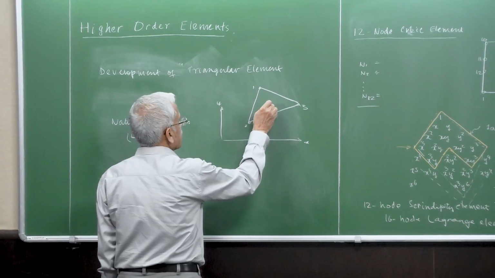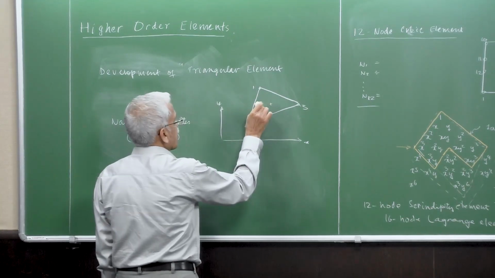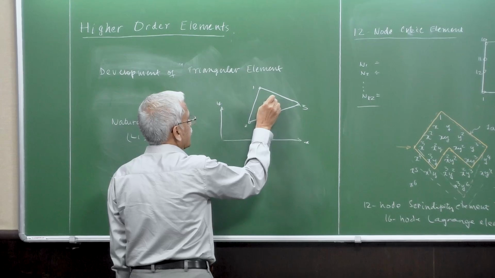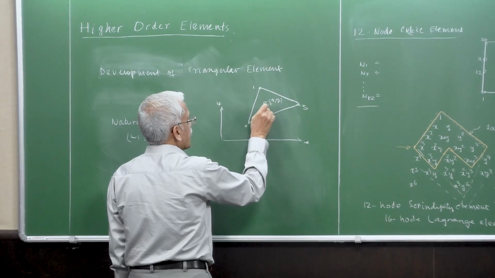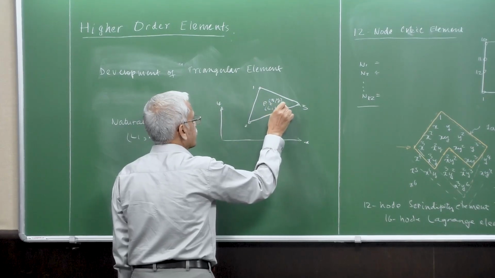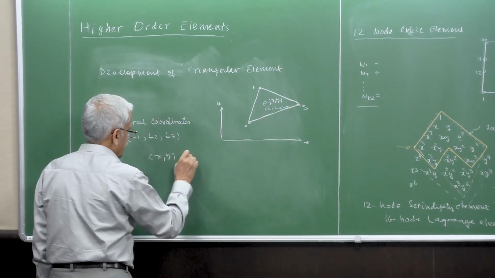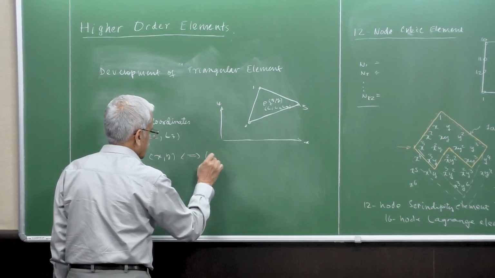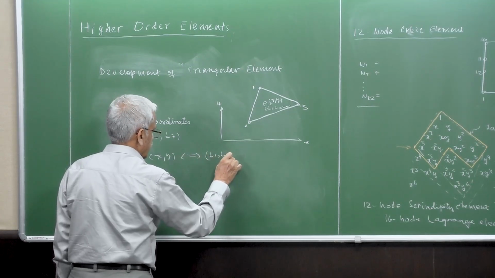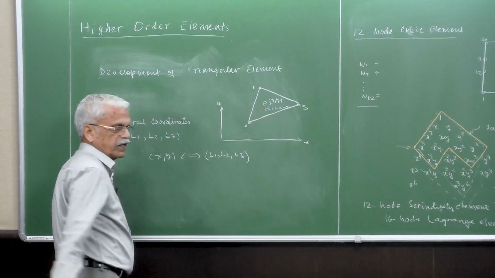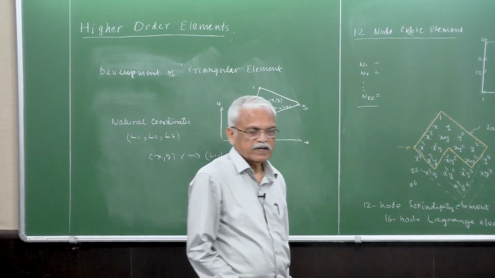So that means every point P here is represented by xy or L1, L2, L3. So xy in Cartesian coordinates is equivalent to natural coordinates L1, L2, L3.